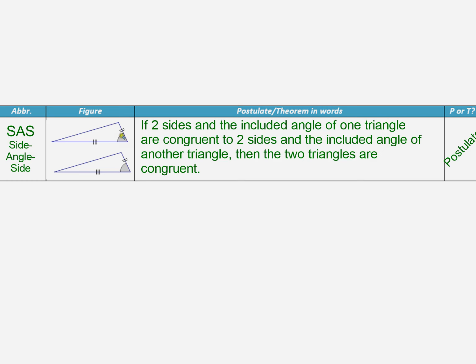Here's what it might look like: two sides and the included angle congruent to two sides and the included angle, and here it's written out. And again, this one is a postulate. So we can use side, side, side, and side angle side. We'll be going over a few examples later so you can apply these.